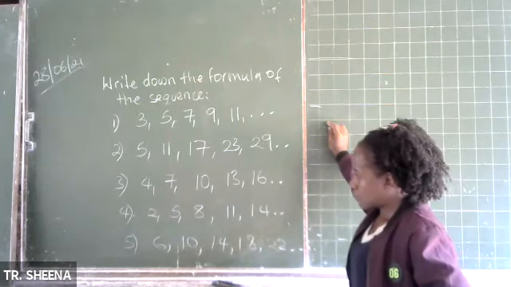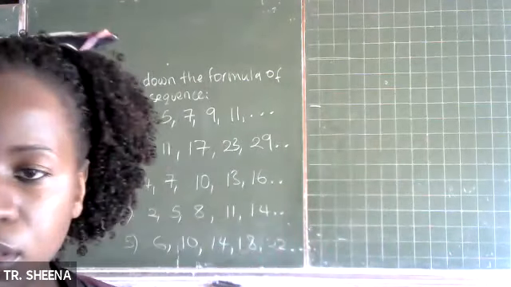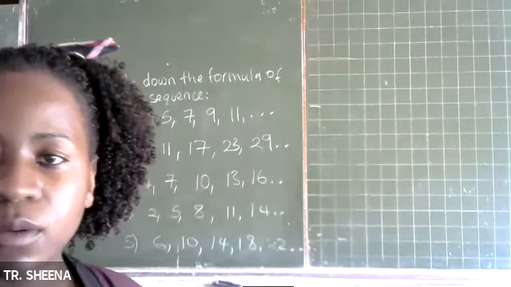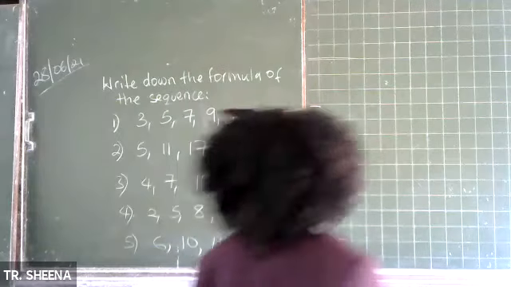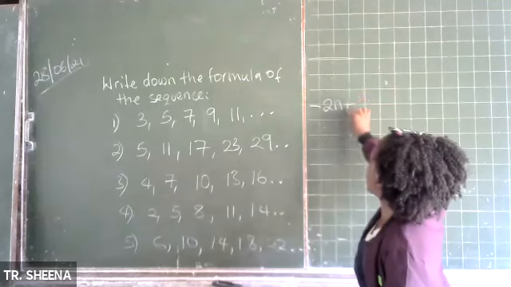First mute, Jemima. My formula is 2n minus 1. Then the second: plus 1. Okay, 2n plus 1.